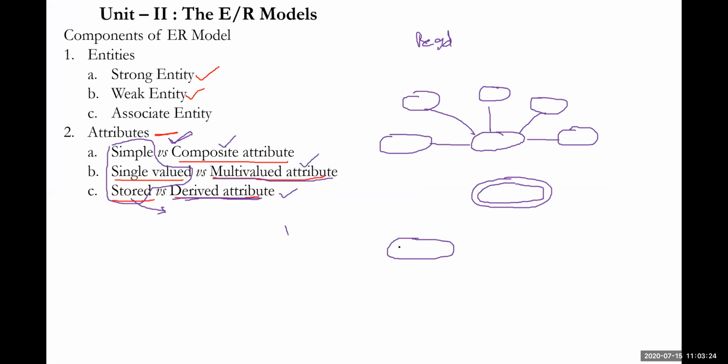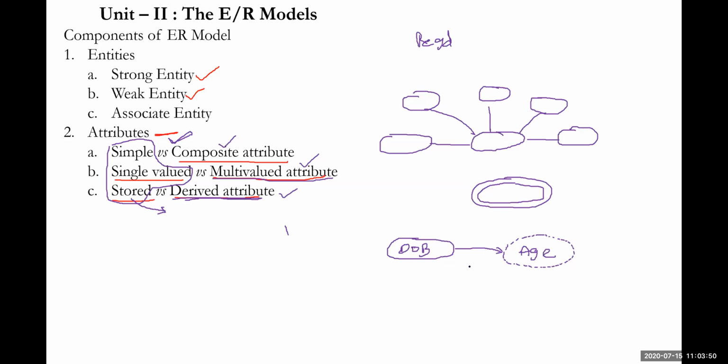Let me say date of birth, DOB. Based on this, you could get the derived attribute. A derived attribute will always be specified with a dotted line. Based on this stored attribute, you could get the derived attribute, that is age. Age will be a derived attribute.